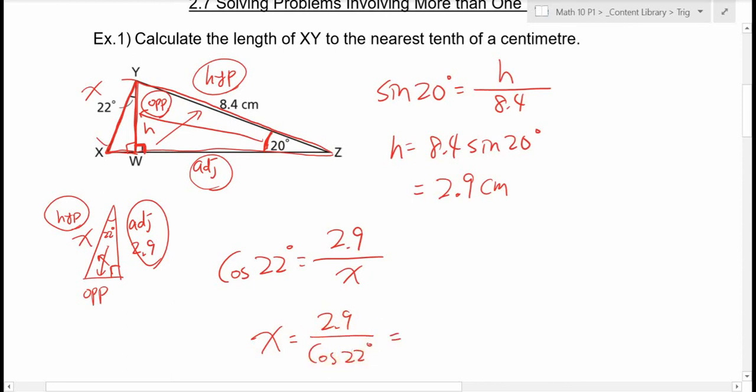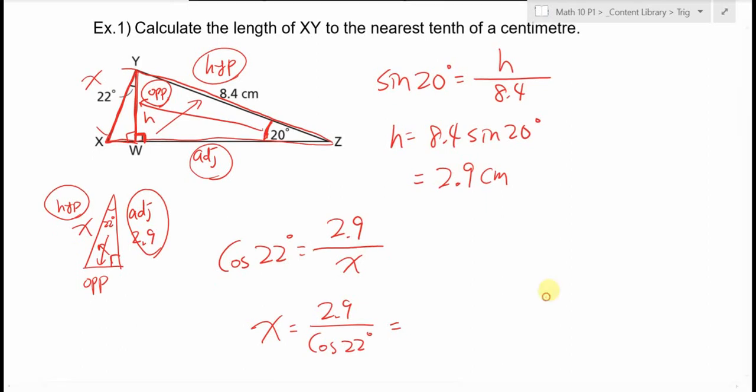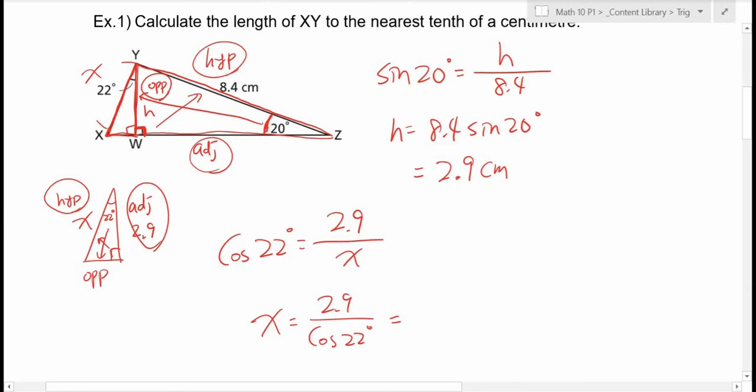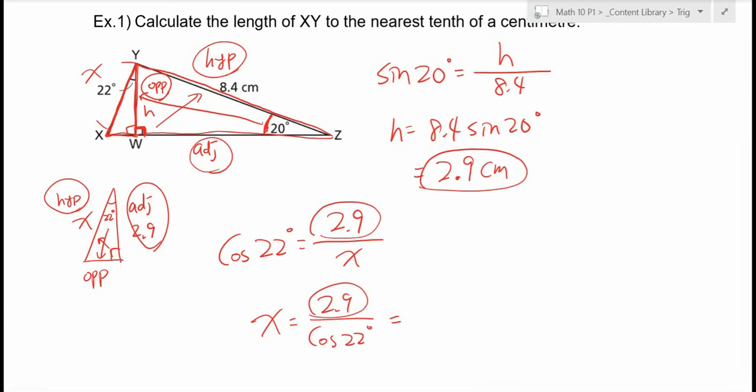Now, here's a helpful reminder, maybe. It's not really a reminder, it's a first time. We try to minimize rounding as much as possible. Obviously this 2.9 is a rounded number, so therefore this is rounded and that's rounded. Now on the calculator, the value is actually 2.87296-ish.